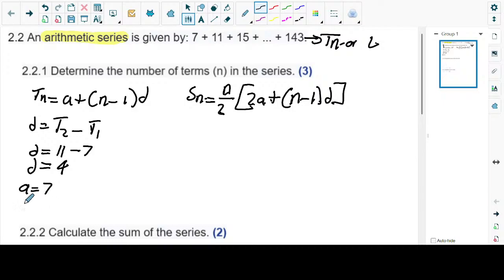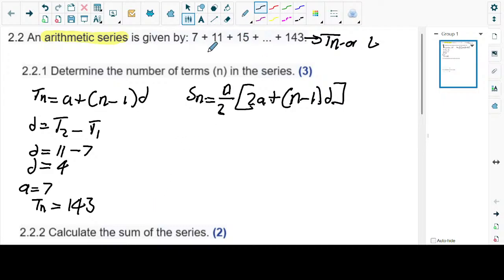Next, we have to find n. Tn, as I told you before, is the thing that we see there, and we can also call it L. Tn is equal to 143. Remember, we're calculating n here.